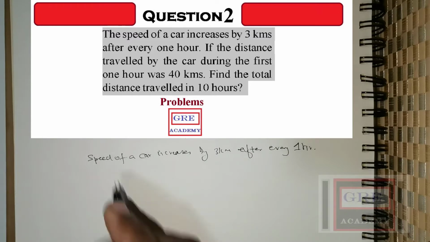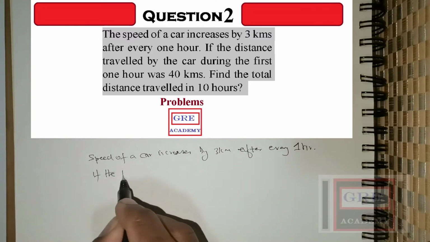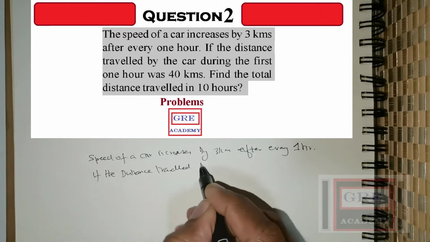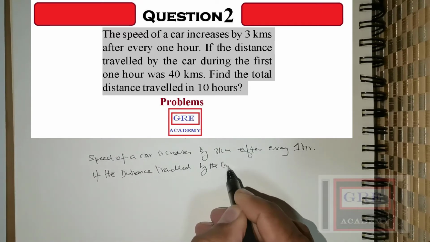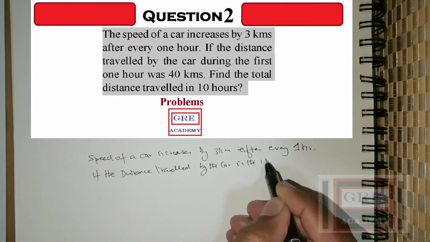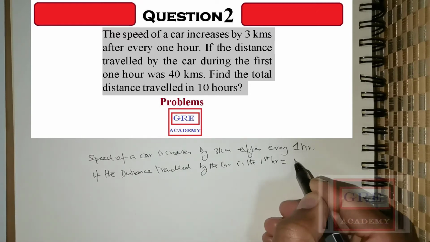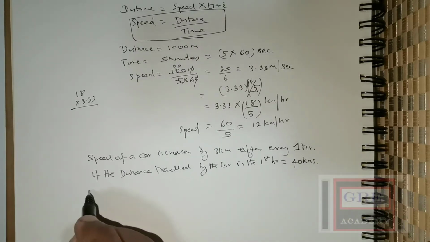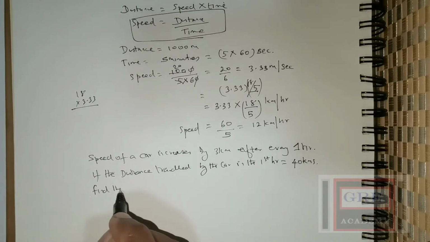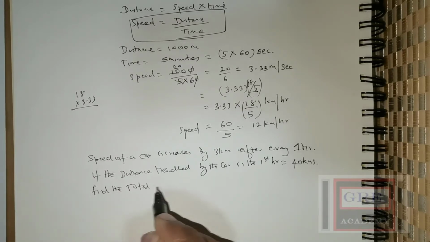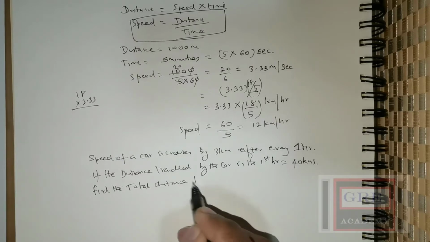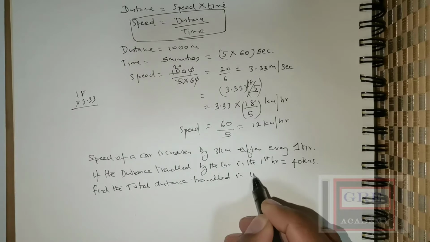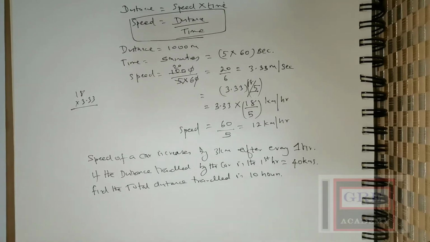Now if the distance traveled by the car in the first hour is given to be 40 kilometers, we are asked to find the total distance traveled in 10 hours.